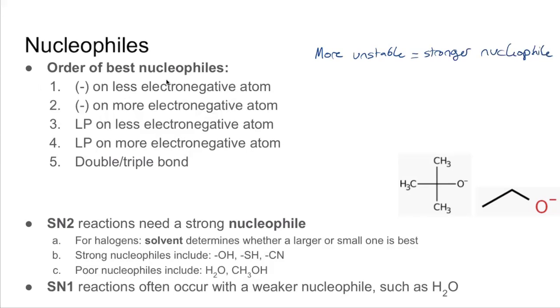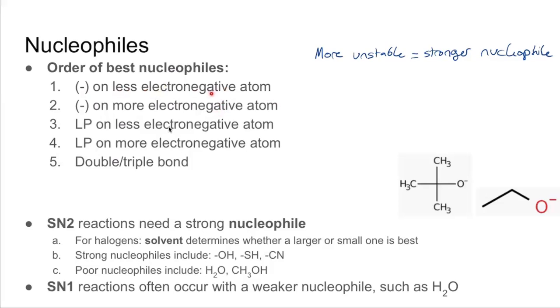Alrighty. So when we're going through this list of best nucleophiles to worst nucleophiles, the best are going to be what's the most unstable. Starting at the top, our most unstable type of nucleophile, or best nucleophile, is when we have a negative charge on a less electronegative atom. More electronegative typically includes atoms like oxygen, which you probably remember is very electronegative.